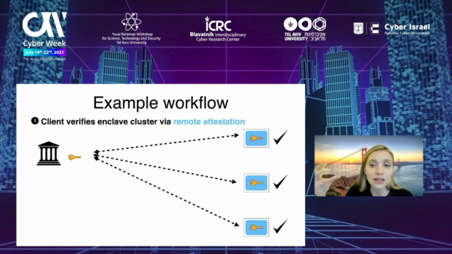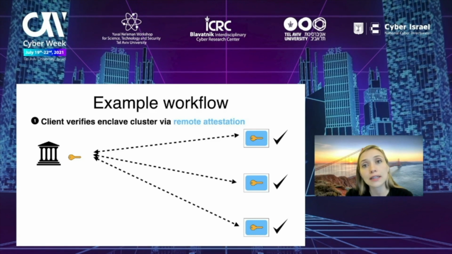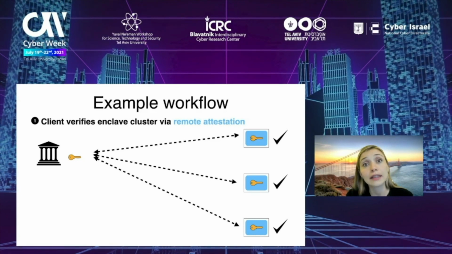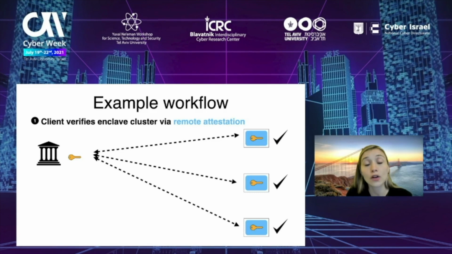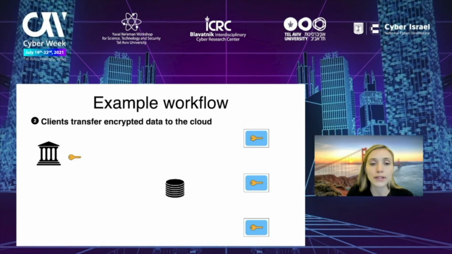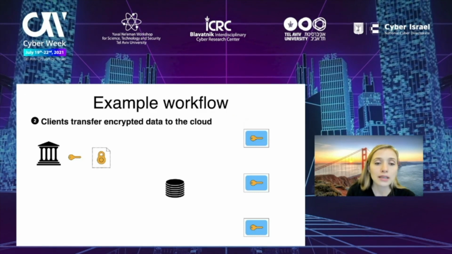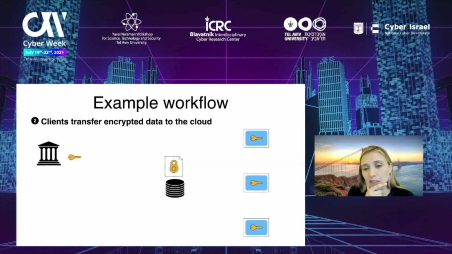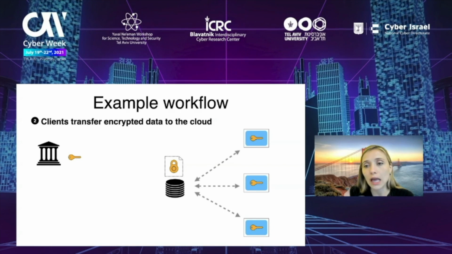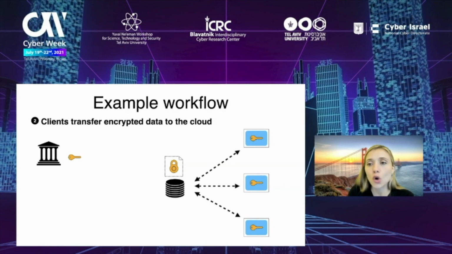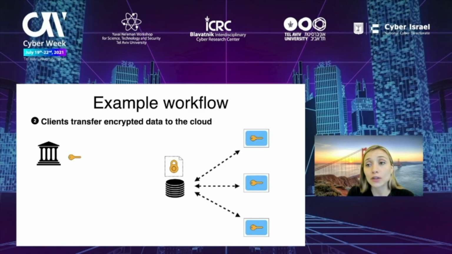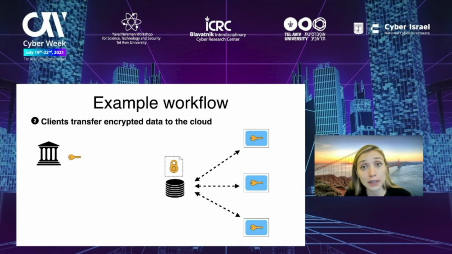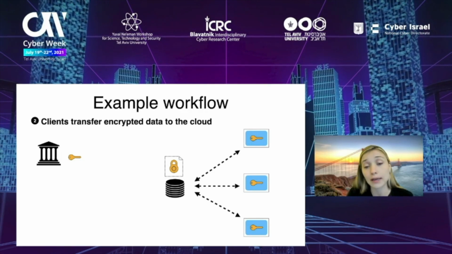So now the enclave, if it receives data encrypted from the bank, can decrypt it and compute on it. All right, so now our bank is going to take some data, encrypt it, maybe store it in the cloud encrypted or load it encrypted from the cloud. But the point is that it's going to be loaded into the enclaves, and the enclaves can decrypt this data because they have the key of the bank.